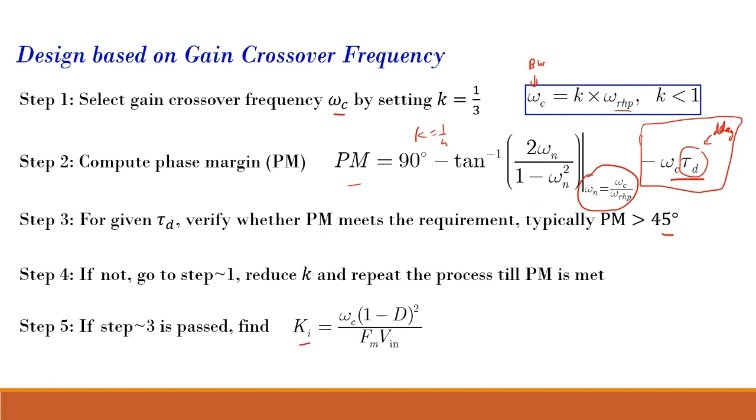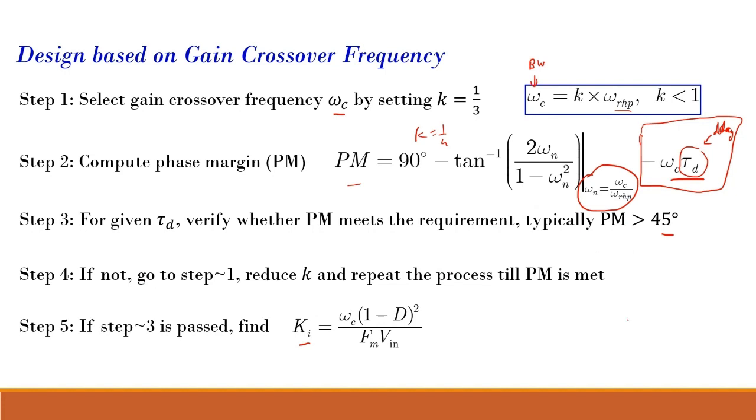Any queries on this part? This omega n is a normalized frequency.